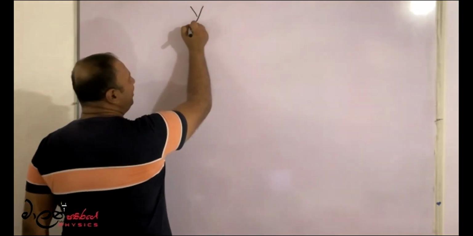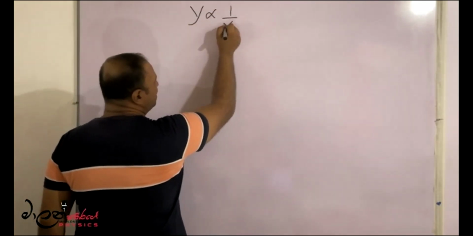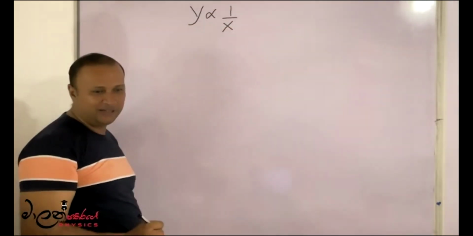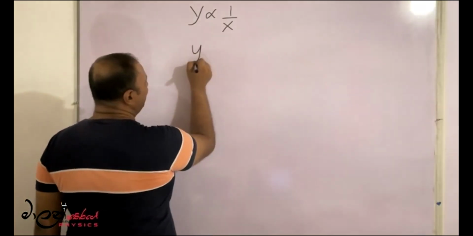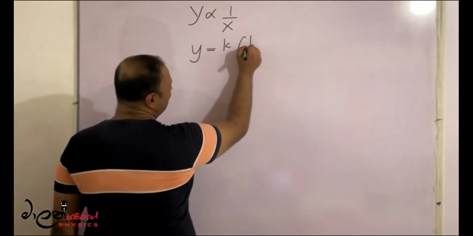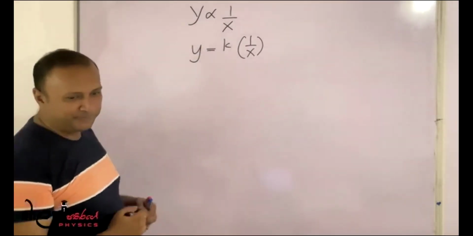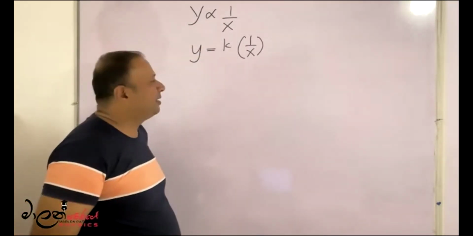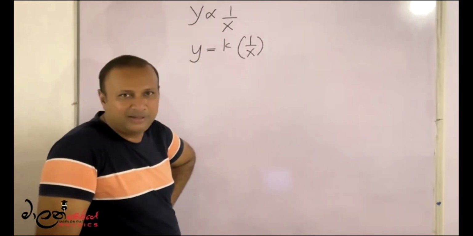Now, if y is indirectly proportional to x, then I can write the equation y is equal to 1 over x. You can clearly see this is not a straight line.